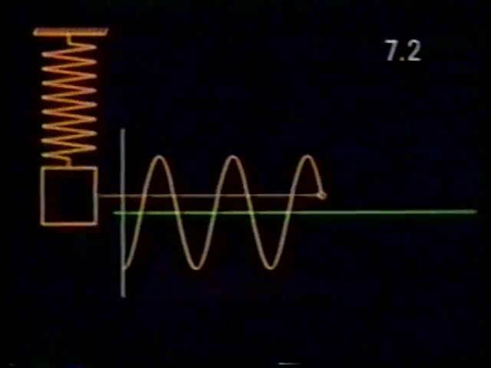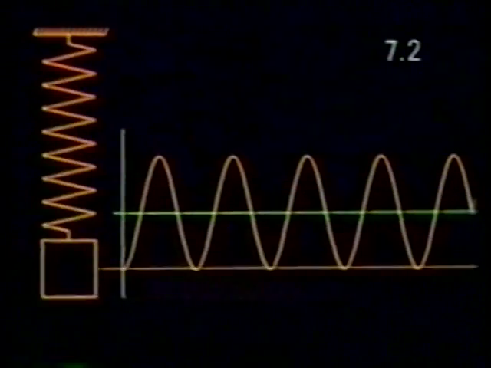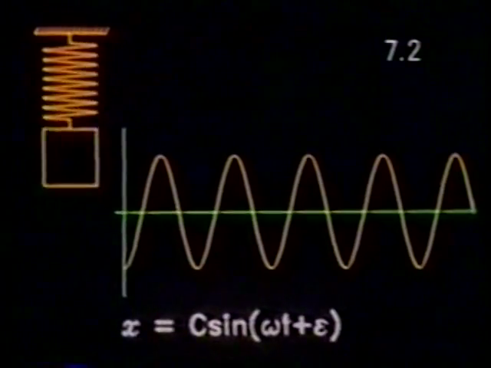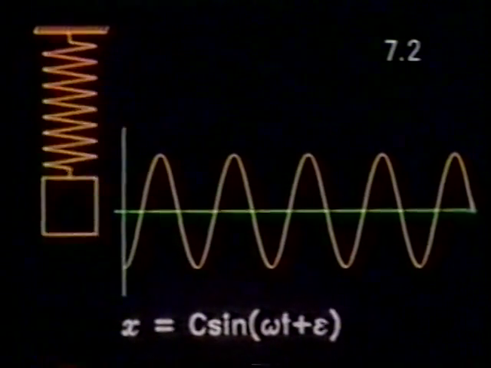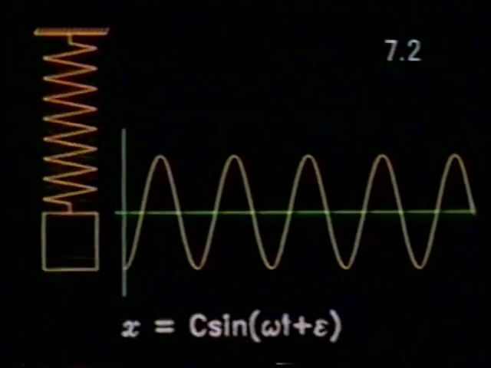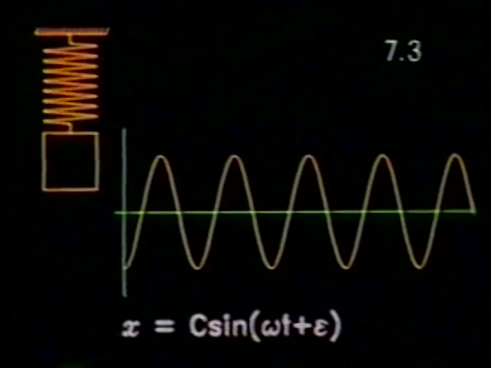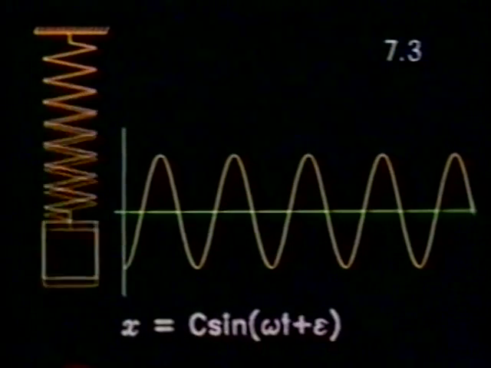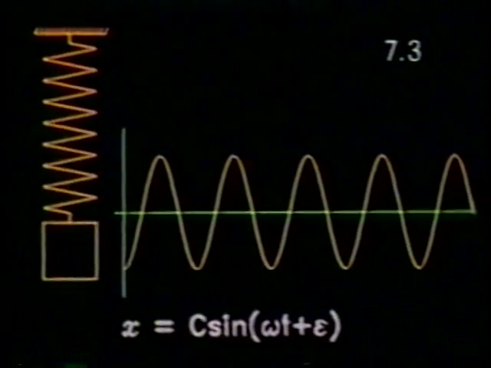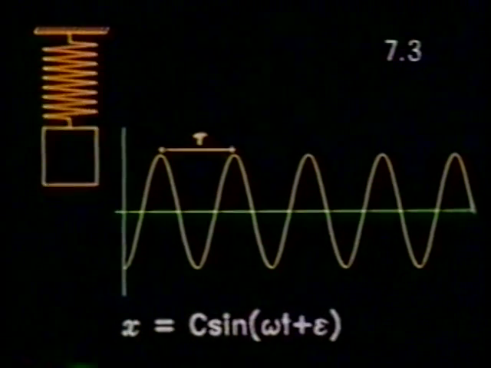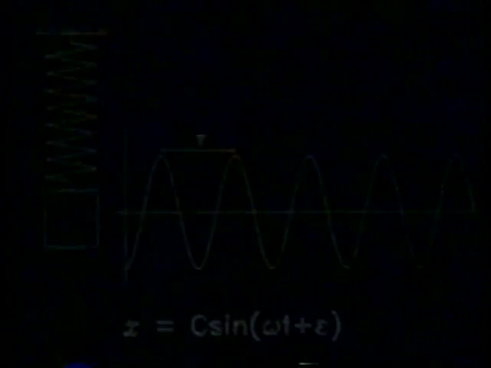So if we measure where it is at different times, that's the picture that we get. Omega t plus epsilon, because at t equals 0 the value equals some sine of some epsilon. It did not start with 0. If it starts with 0, then epsilon is 0. So this is a period, of course, because it repeats.